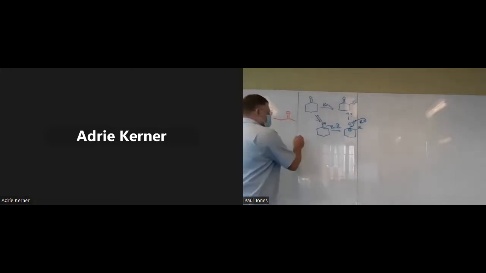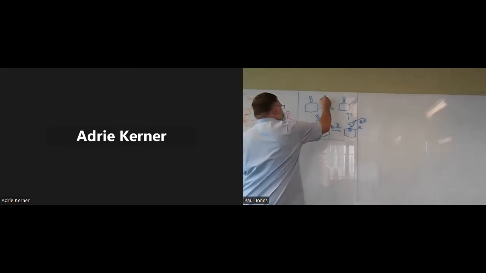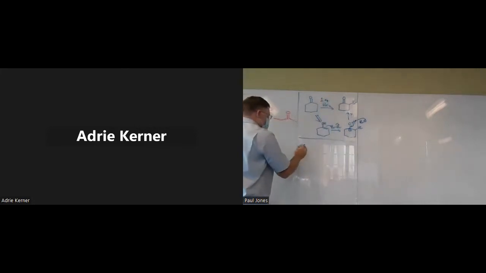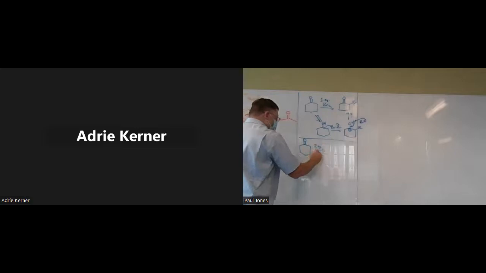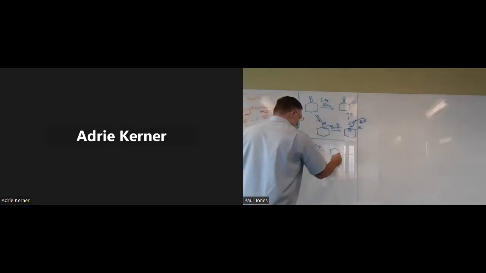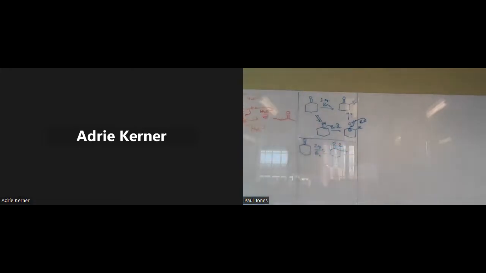If you do this, so this is usually one equivalent. This can be a pretty messy reaction. If you have two equivalents of bromine, they both go on the same side.